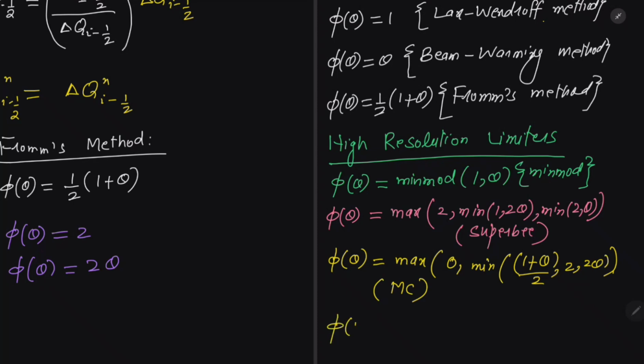And if we have phi of theta equal to theta plus the absolute value of theta, divided by 1 plus the absolute value of theta, then this is called the Van Leer limiter. The V is small over here.